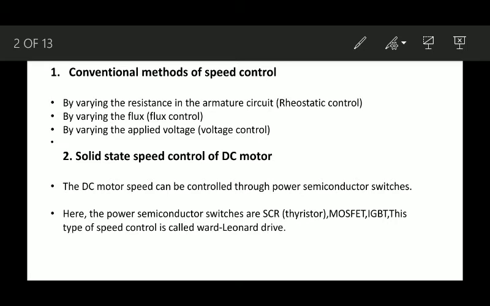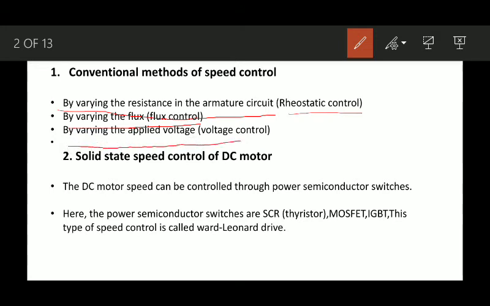In the conventional methods, these three methods are used for controlling the speed of a motor. First, by varying the resistance of the armature circuit, it's a rheostat control. Second, by varying the flux of the field winding, flux control. Third, by varying the applied voltage.